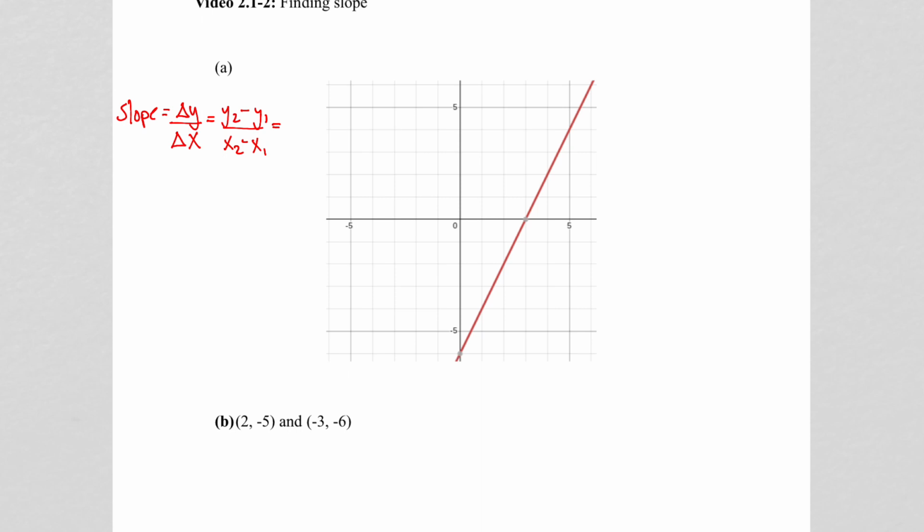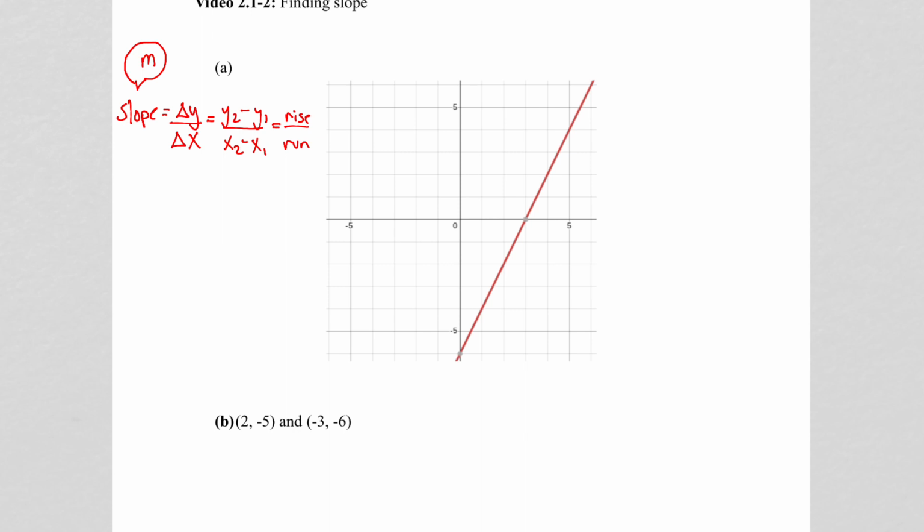And oftentimes it's referred to as the rise over the run on a graph. Now, the variable that's used for slope is m. And that variable comes from the French word monter, which just means to change, which is just a side note.